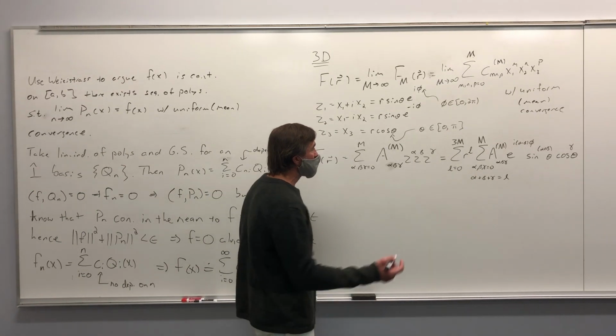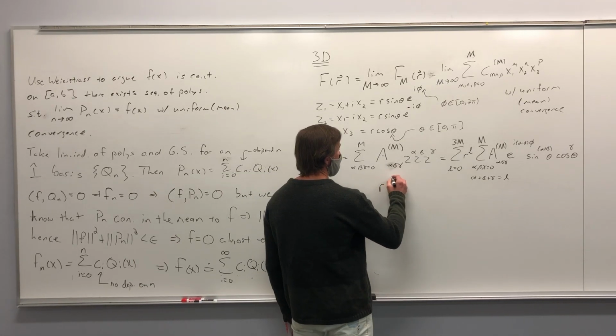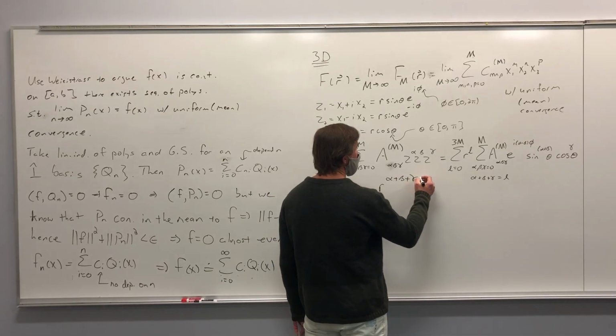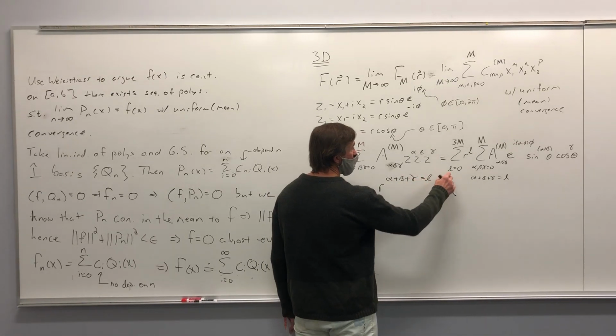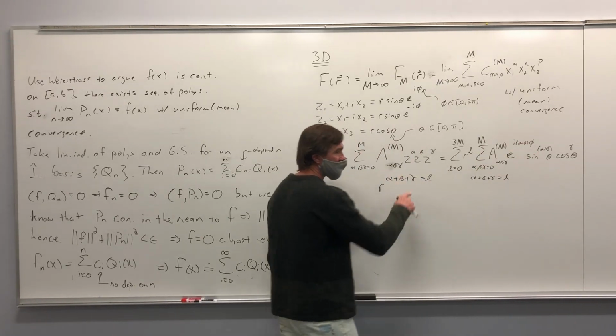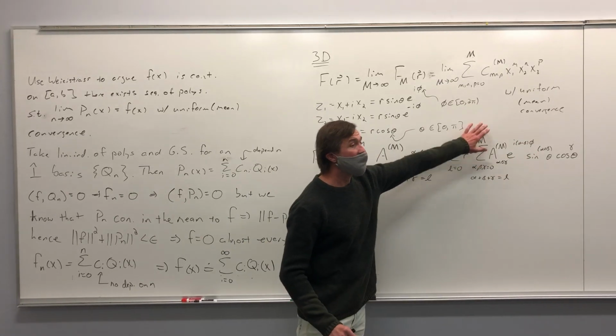You're going to end up with R to the alpha plus beta plus gamma, but we're defining that to be L and letting L go over that range, but then the alpha, beta, and gammas have to satisfy this, and then we're letting them sum over that range.